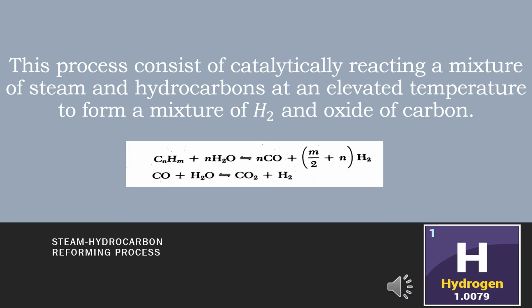For the production of additional H2 or hydrogen, the reformer is followed by a separate stage of water-gas shift conversion. Additional steam is added and the temperature is reduced to 315 to 370 degrees Celsius to obtain more favorable equilibrium conditions.